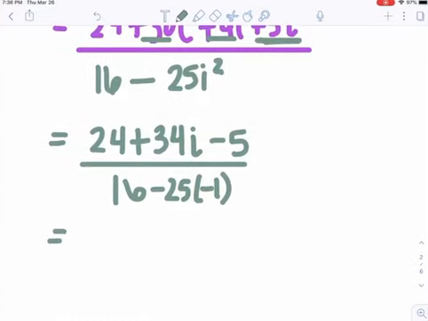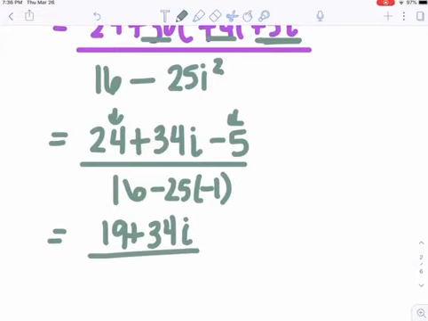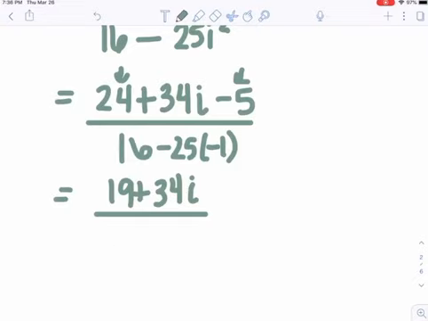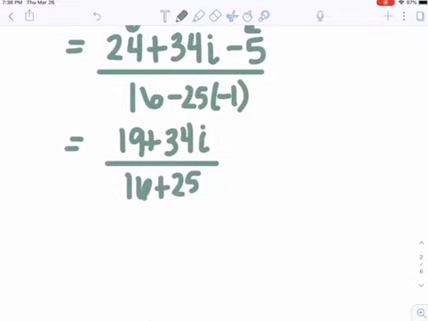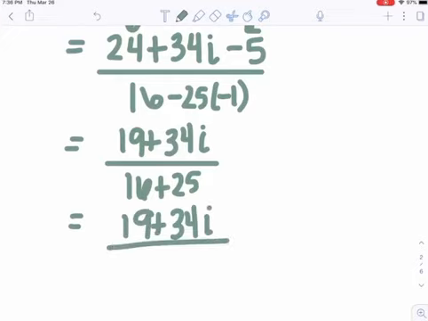Okay, so I'm going to combine my like terms. So I have a like term here and a like term here. So that becomes 19 plus 34i over 16 plus 25. Okay, so 19 plus 34i over 41.